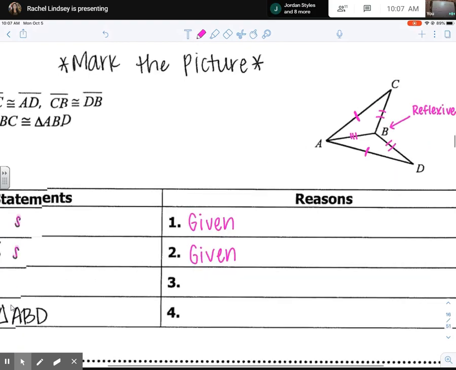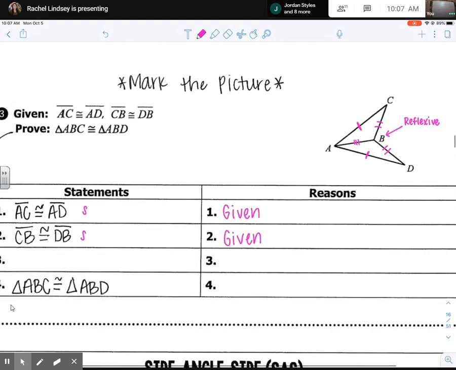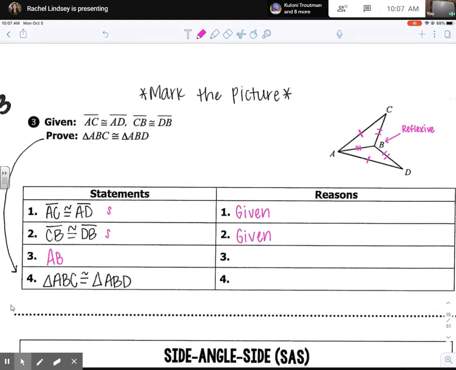Because they're the same. So for my third one, I'm going to put AB is congruent to AB. And the reason I know that is because they are reflexive. So the reason there would be reflexive property.